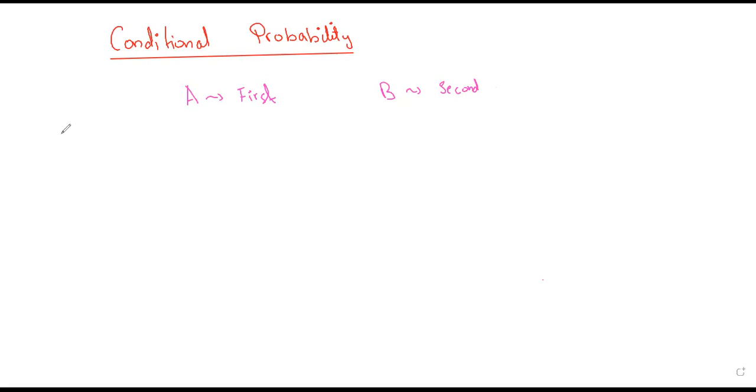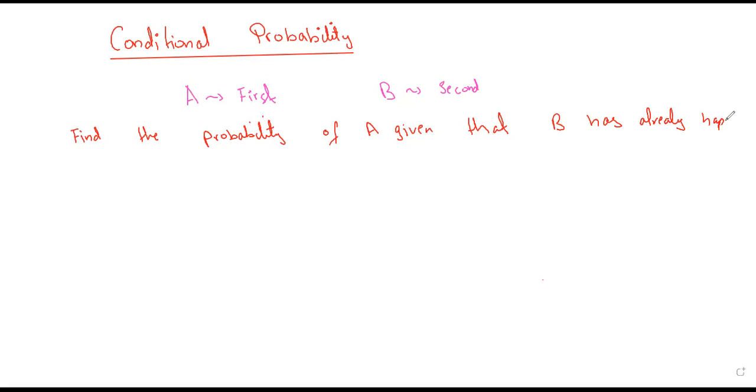So it could be that the question is something of this type: find the probability of something, where you're writing it down as A, given that B has already happened.